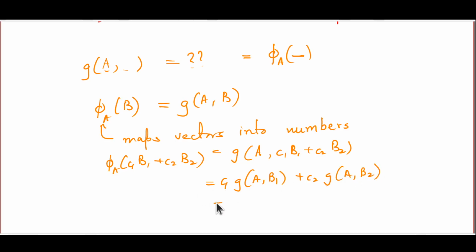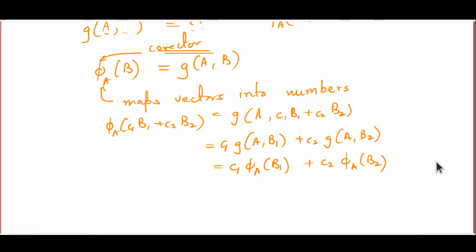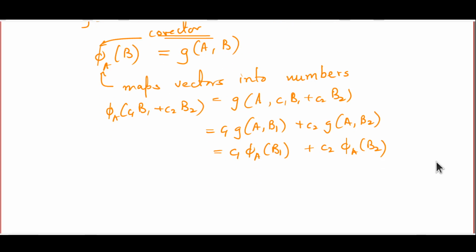And if you were to recast everything in the language of our new machine, phi_A, what I get is c1 times phi_A acting on B1 plus c2 times phi_A acting on B2. So this new machine of ours, which takes only one single vector and produces a number, does so linearly. So this, of course, is nothing but a covector, something which turns a vector linearly into a number. So this is the covector corresponding to A.